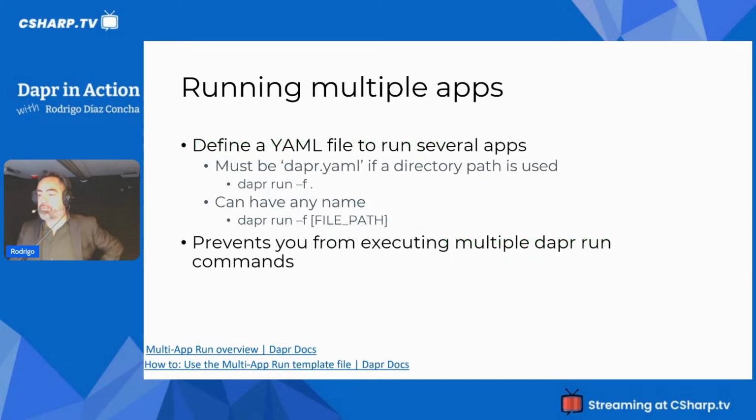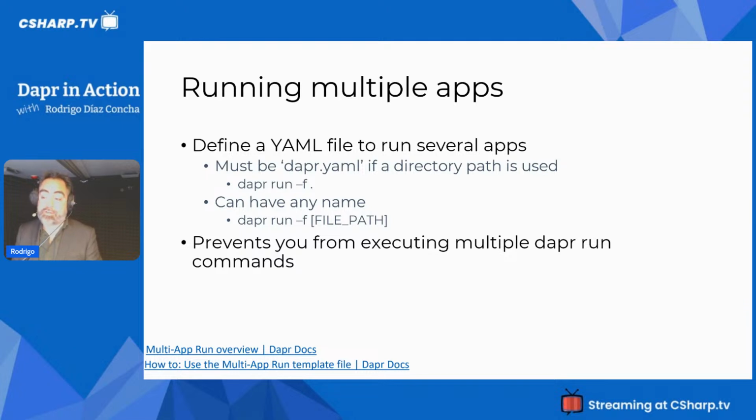Perfect. So we can also run multiple apps at the same time. This is similar to a Docker Compose file. We need to create this dapr.yaml file inside the directory, and then you can specify all the different applications that you want to run at the same time. This is magic, right?